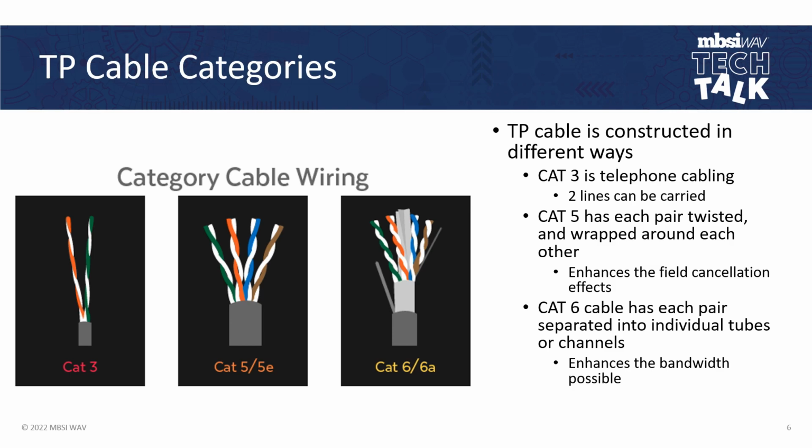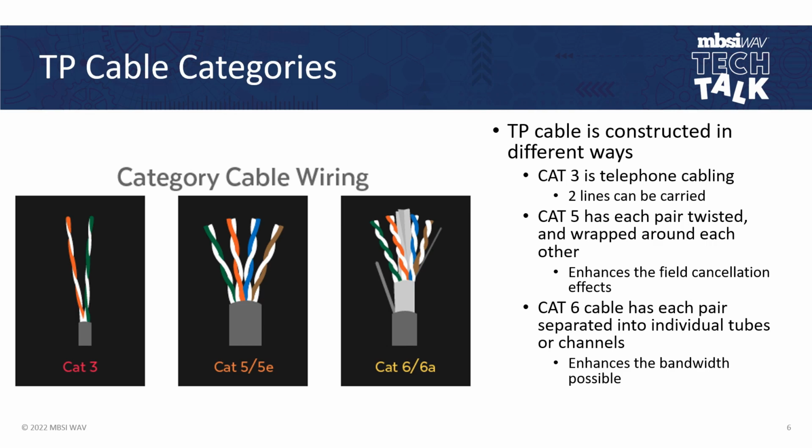When we get up to Cat 5 and Cat 5 extended, Cat 5e, we have the 4 pairs in the cable for starters. The twists are different for each of the 4 pairs. This is so that again the magnetic fields between the pairs tend to cancel each other out, and so we have less magnetic interference between the conductors in the cable, enhancing the data carrying capacity of it.